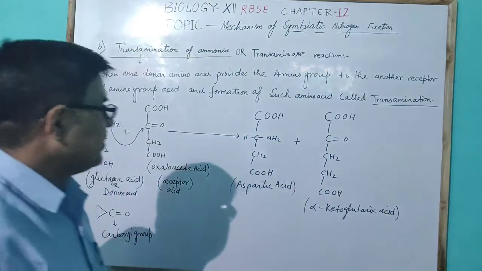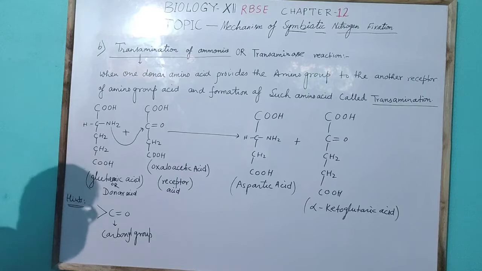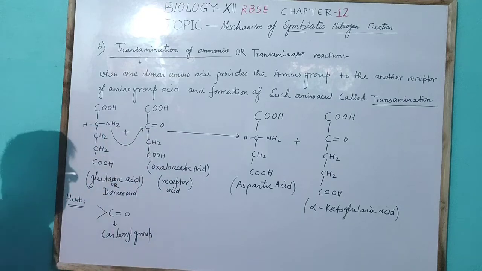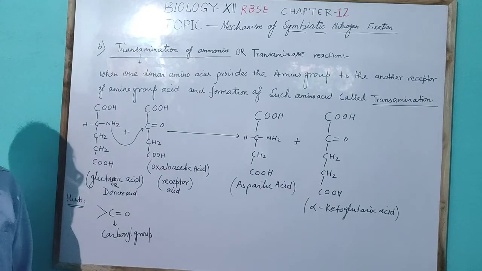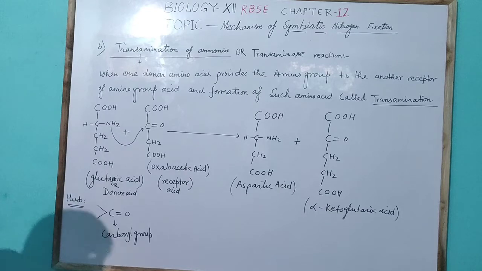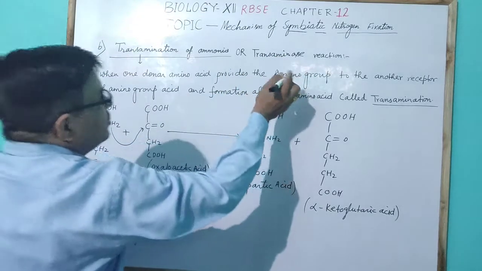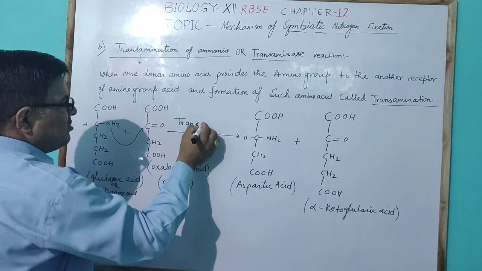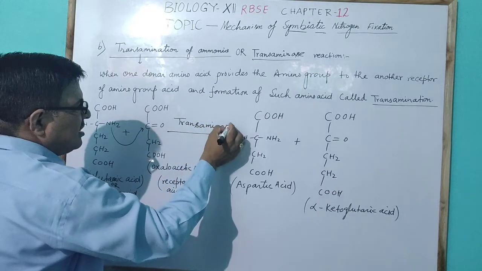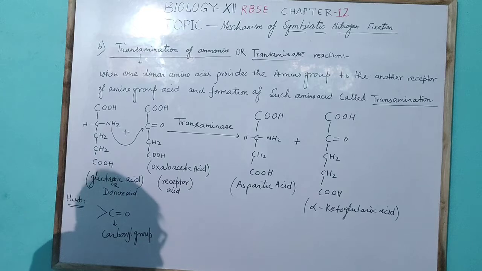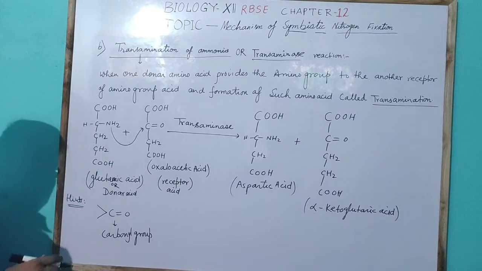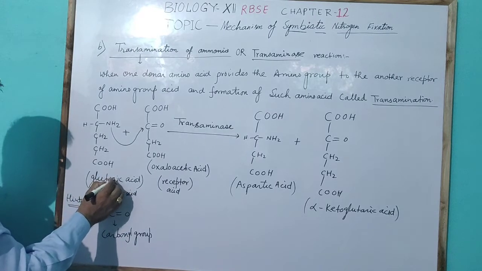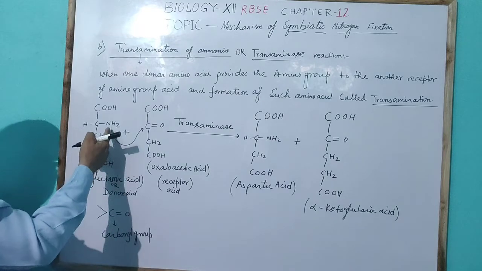So in the reaction, transfer of the amino group takes place. In this transfer, a type of enzyme is used. Here the enzyme name is transaminase. Glutamic acid provides the amino group.